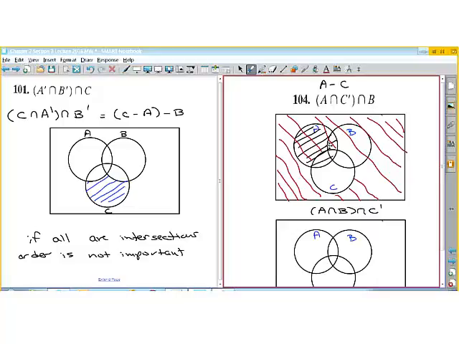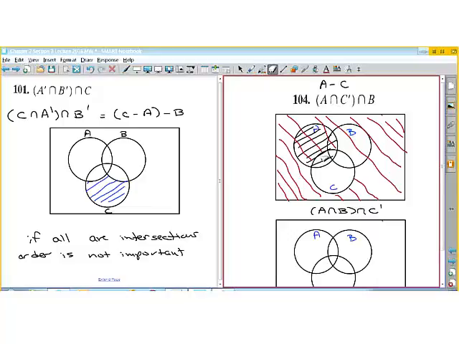The intersection of A with the complement of C is where you have both the black lines and the red lines, which turns out to be this little sliver.